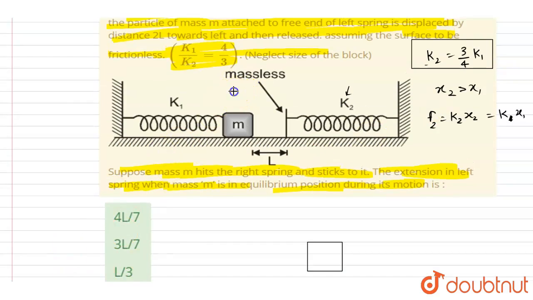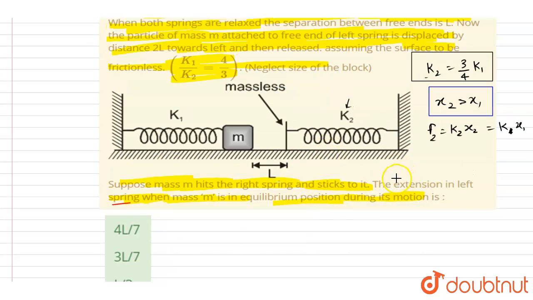If I say this is x1 and this is x2, in the compression part x1 will be more than x2, which we don't want. We want x2 to be more than x1 because we want the force to be equal, and we know that in a spring the force is spring constant times the compression or extension. So if K1 is less, the compression or extension of that should be more. So here x1 is more than x2, so the compression case is not possible.